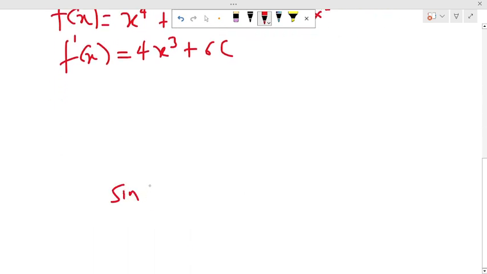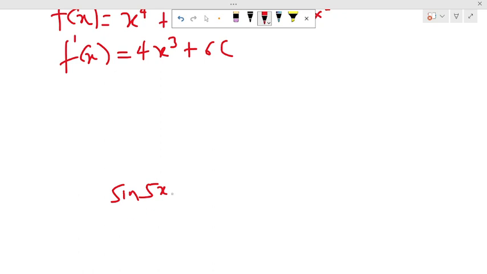So to differentiate sine 5x, what do we do? First, we differentiate the baby, then you multiply the differential of the baby by the differential of the mother.